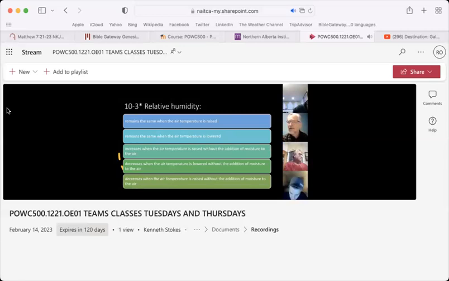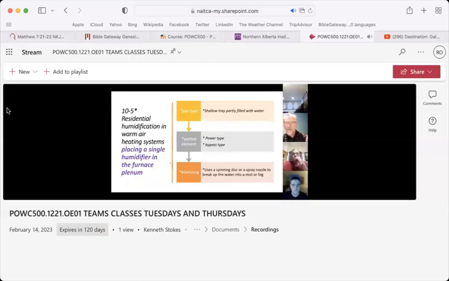Okay. Relative humidity does not remain the same when air temperature is raised, or when it is lowered. It does not increase when air temperature is raised, it decreases. It does not decrease when air temperature is lowered, it decreases when air temperature is raised. Okay.